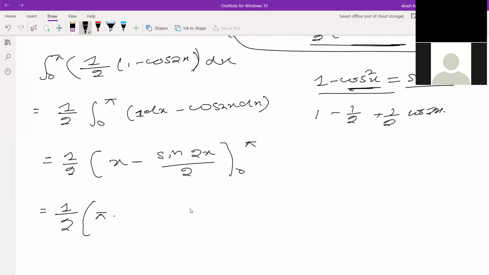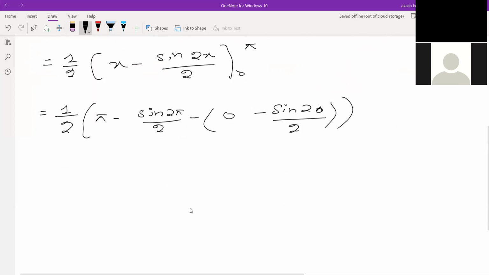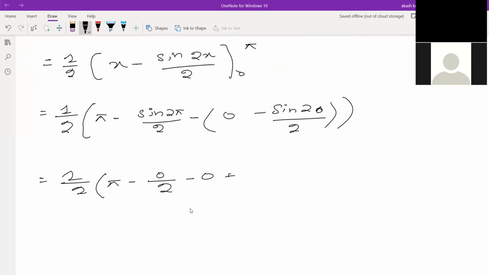My upper limit is pi minus sine 2 pi over 2, and minus the lower limit, 0 minus sine 2 times 0 over 2. So it equals half of pi minus sine 2 pi, which is 0, divided by 2, minus 0, minus minus becomes plus, and sine 0 is 0. The answer is pi by 2.